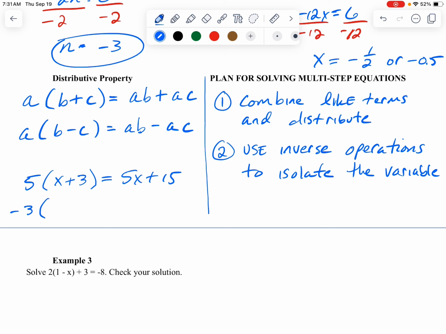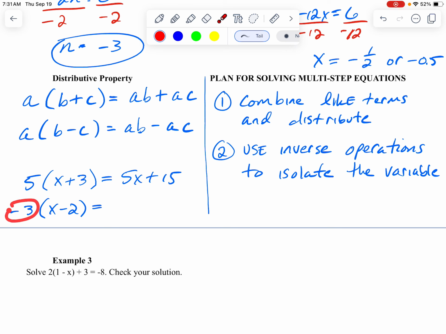Negative 3 times, let's just do x minus 2. So now I have a negative 3 times x, and then a negative 3 times 2. You can think of this a couple of different ways. Either way, you'll come out with the same result.